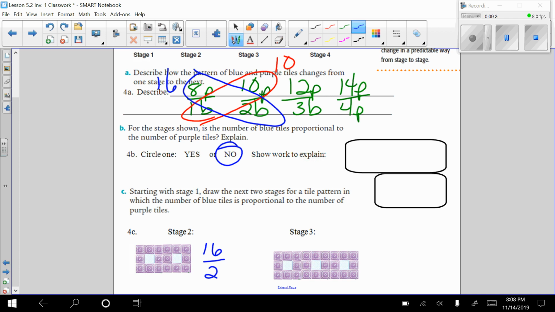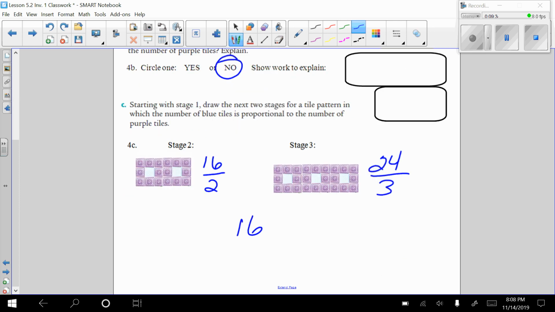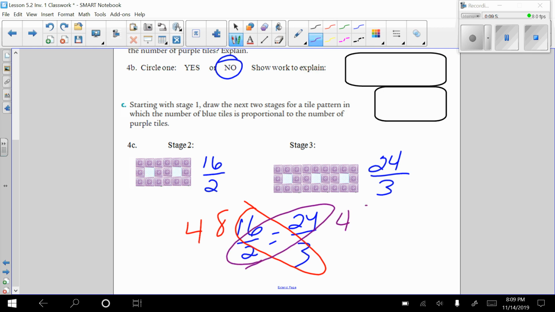So in this case, now I have 24 purple tiles and 3 blue tiles. If I use those and cross multiply, 16 is to 2 as 24 is to 3, I would be able to tell if these are proportional. If I took 16 times 3, cross multiplying, I would get 48. If I cross multiply the other direction, 2 times 24, I get 48. That's how I can tell that they are proportional.